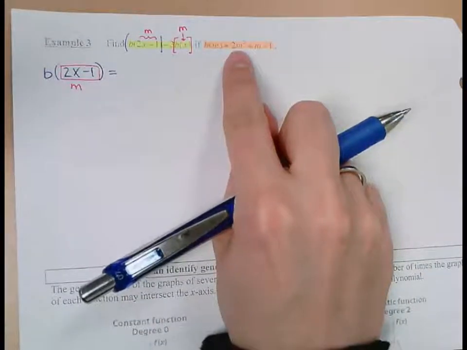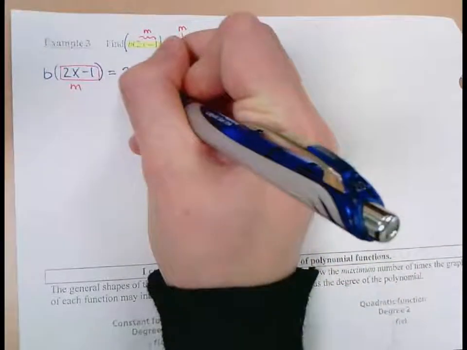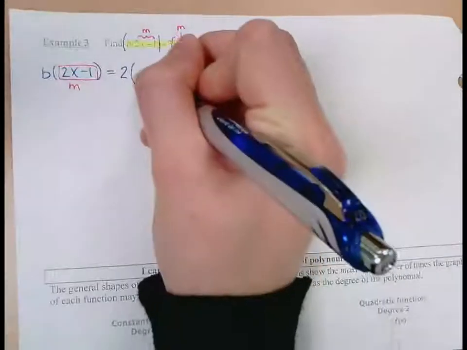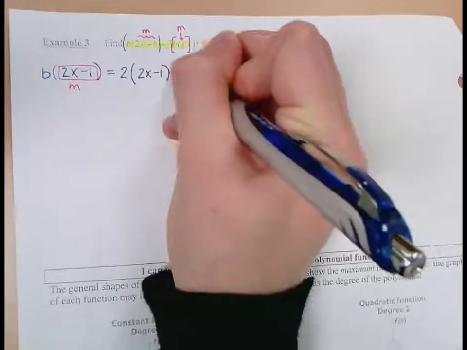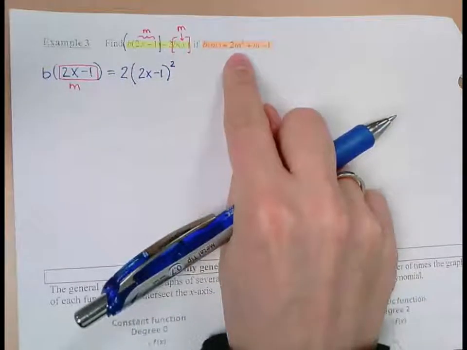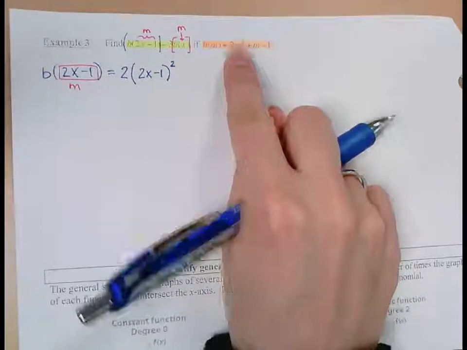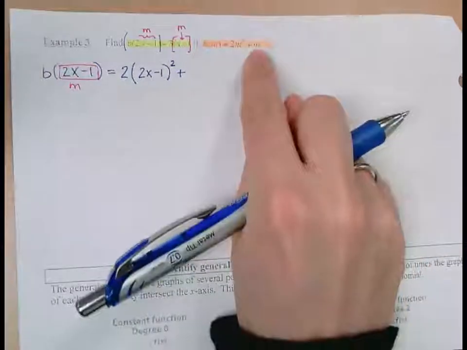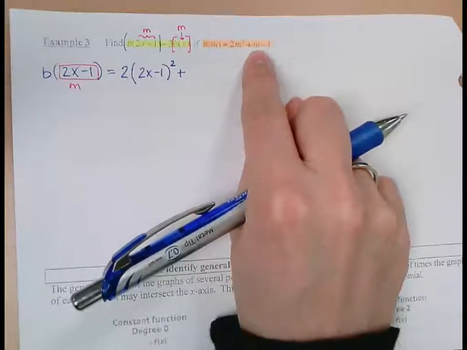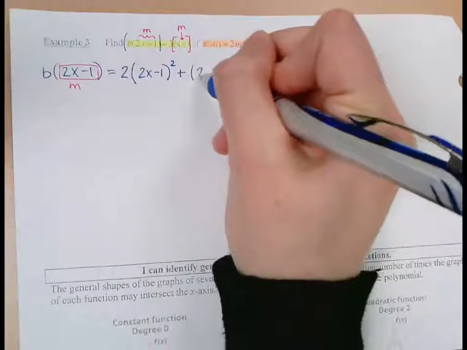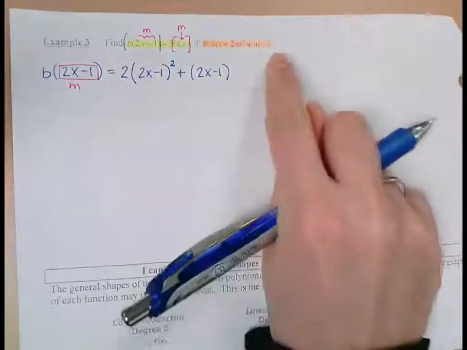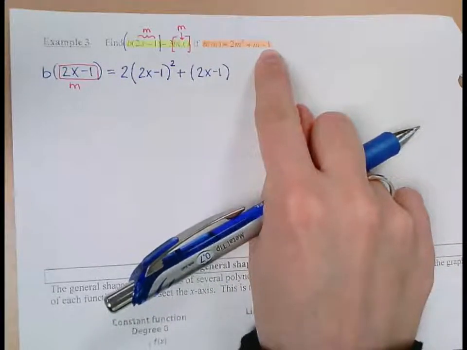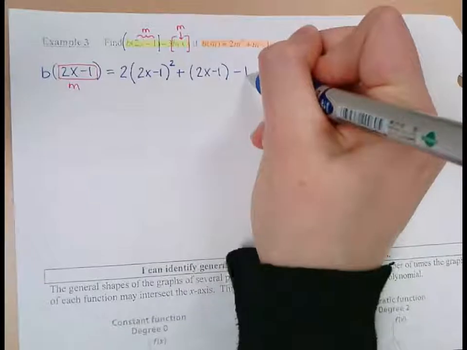So where I see 2m squared, I'm instead going to write 2 times, in place of the m, 2x minus 1, and that's quantity squared. So the 2x minus 1 went in place of the m. And then plus, rather than plus m, I have to replace this m also with 2x minus 1. And then I still have the minus 1 from the function at the end.